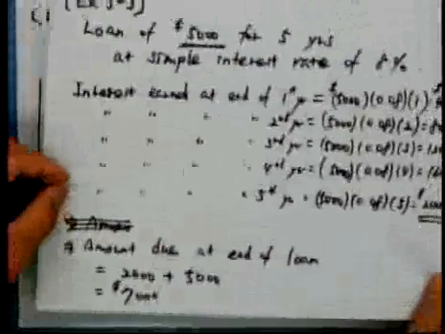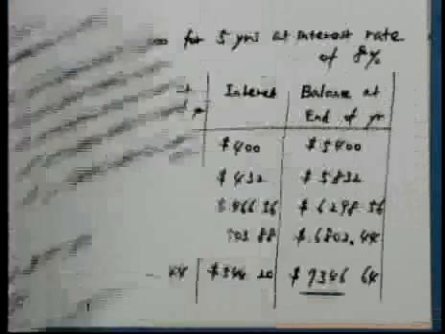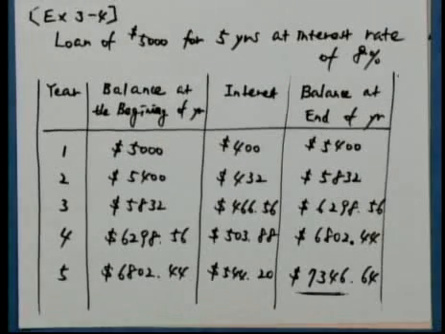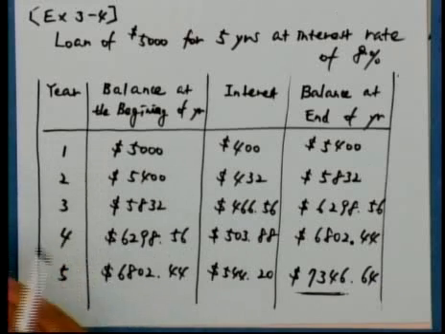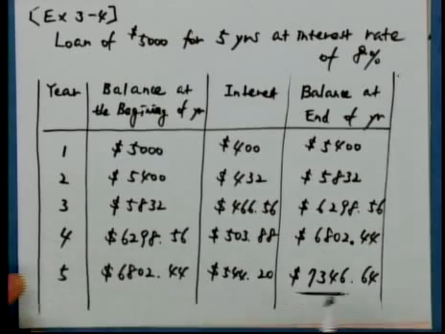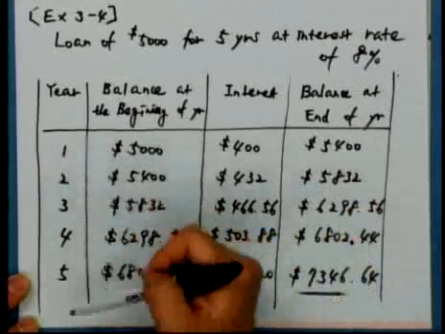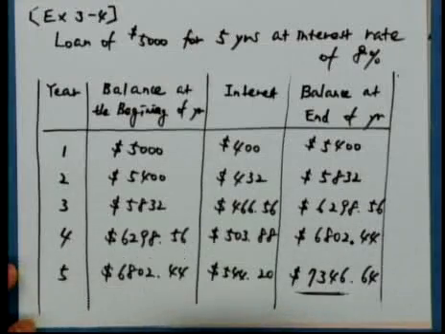From the simple interest calculation, it was 7,000, right? In general, this difference between the simple and compound interest increases as the interest rate or the number of years increases.